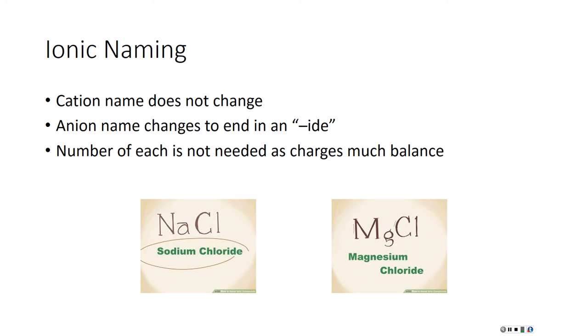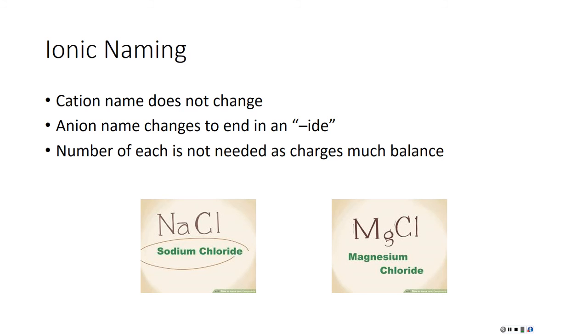And you're going to change the ending to an IDE. So we're going to get rid of this, and chlorine is going to become chloride. So AlCl3 is going to be aluminum chloride. Aluminum chloride.